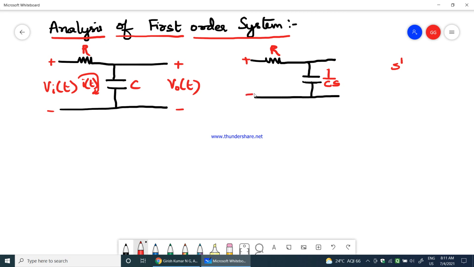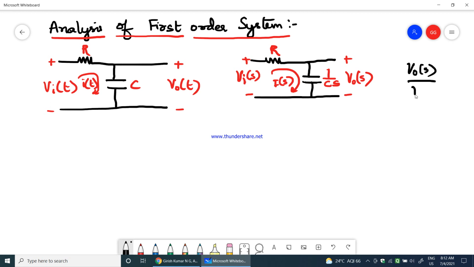So the capacitor C becomes 1 over Cs, R remains R, and we have V out of s. This is the Laplace equivalent circuit that we take for writing the transfer function.